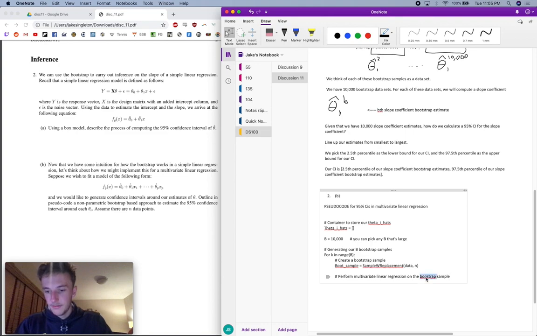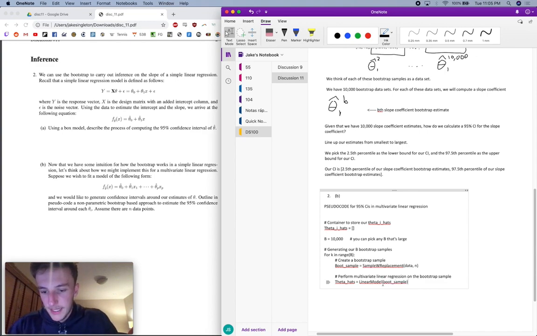So we'll say our theta hats for this kth iteration is equal to some linear model of our boot sample.